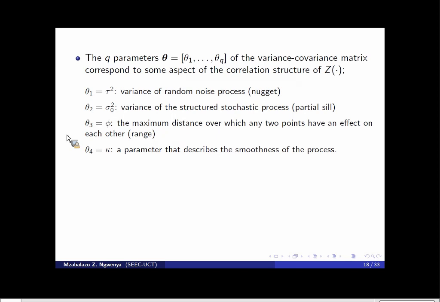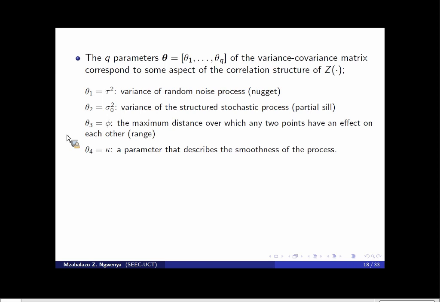So what are those parameters which are parameterizing our covariance? We're saying these parameters correspond to some aspect of our process, and when we estimate them, we can gain some insight into our process. Usually there are 4 of these parameters. There can be more, but most of the functions we work with have only 4 parameters.